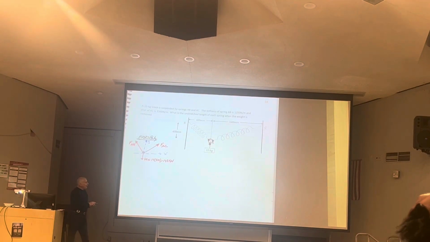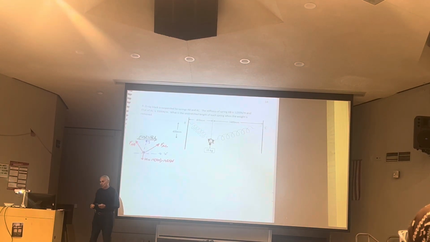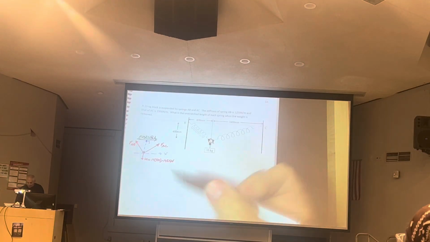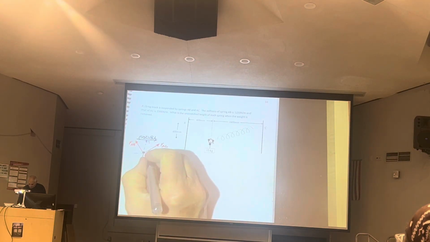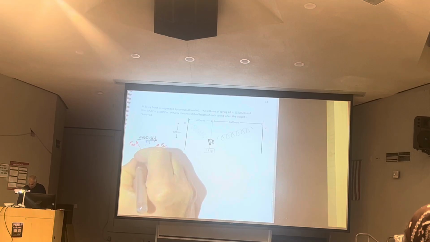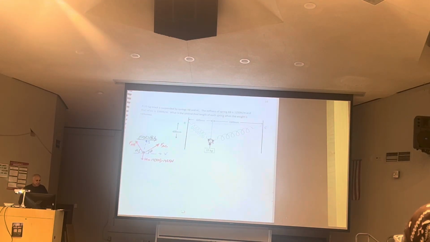Once I do that, I need to put angles in. So I need this angle, theta, and I need this angle, alpha. Now, I can calculate alpha and theta by doing some trig.